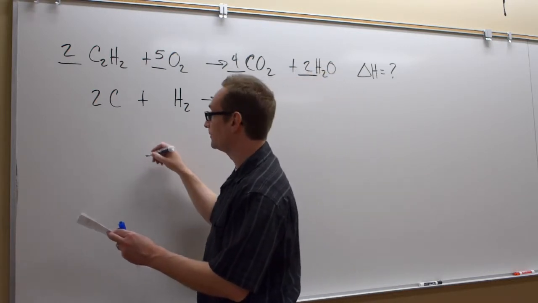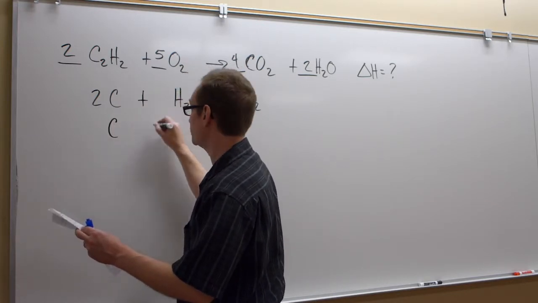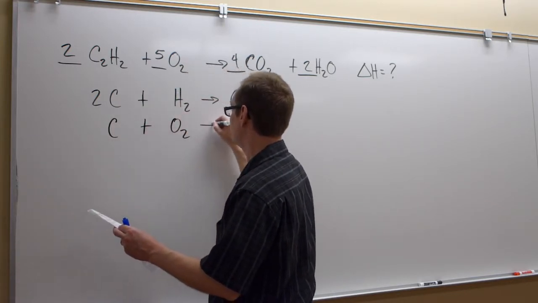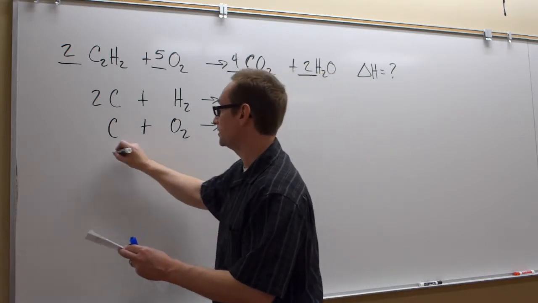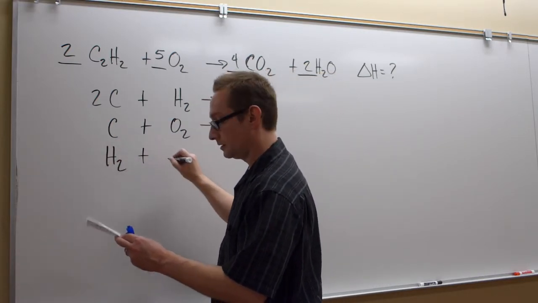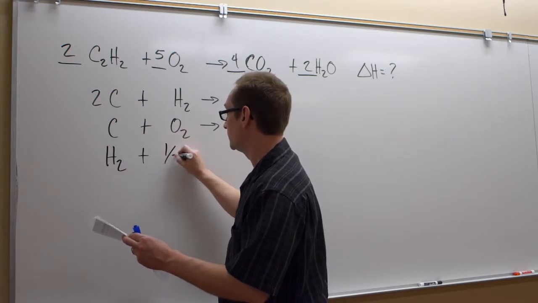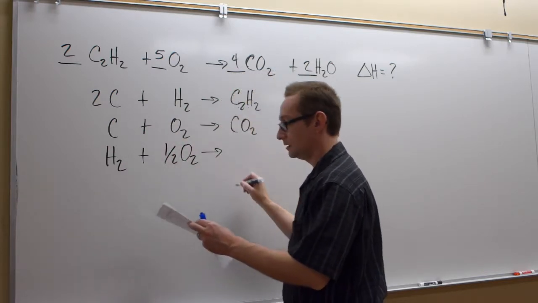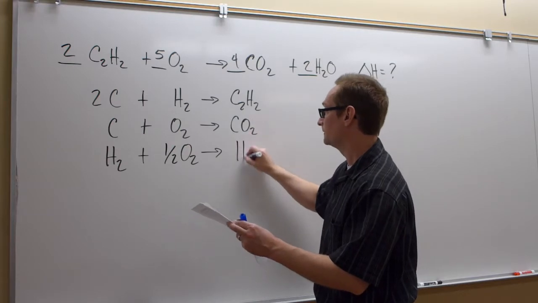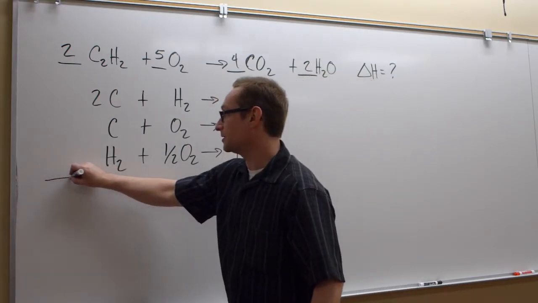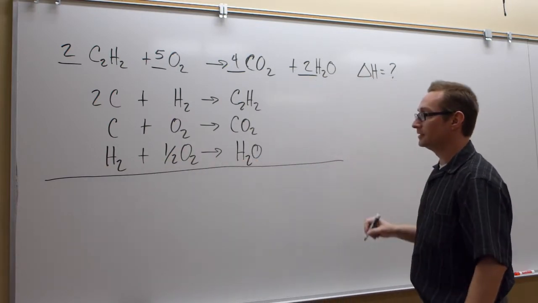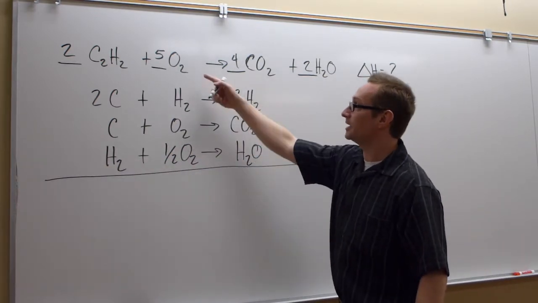And we also have C plus O2. And we also have H2 plus half an oxygen gives us water. So how can we add up these reactions? How can we add these up to get us what we want?